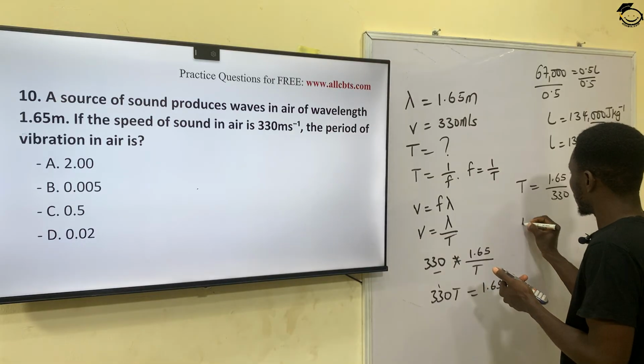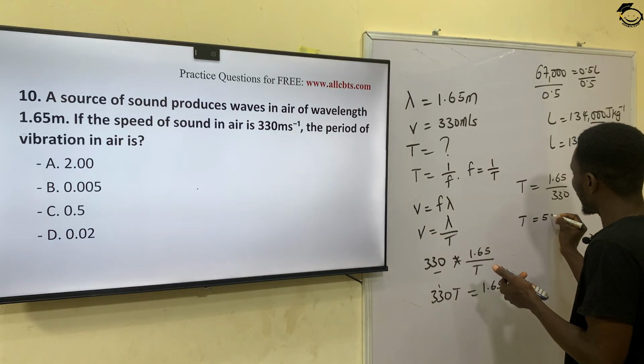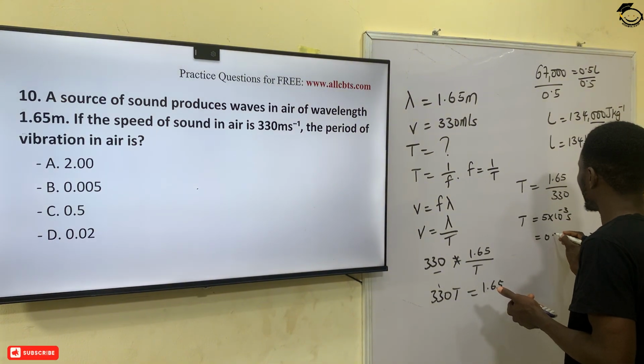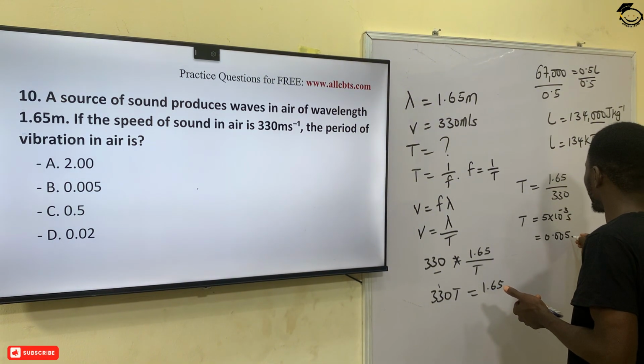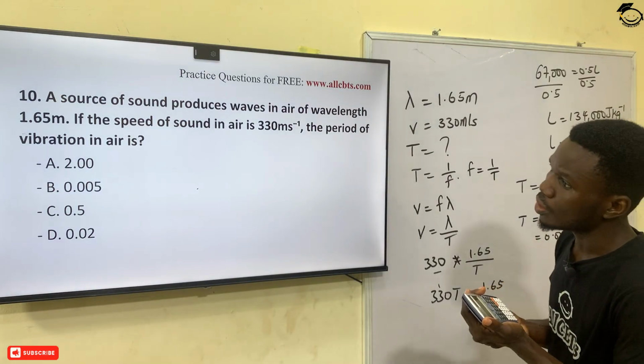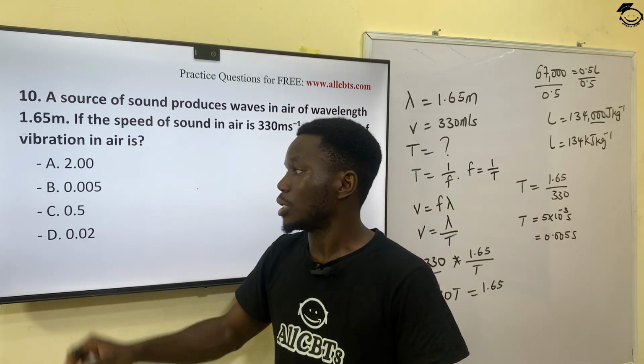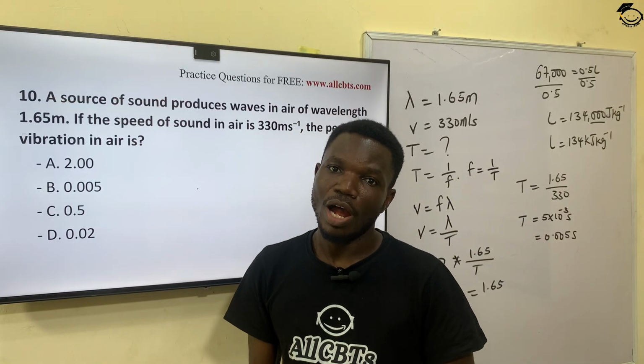It means that the period is going to be 5 times 10 raised to the power minus 3 seconds, or 0.005 seconds. So the correct answer to this question is option B, 0.005 seconds.